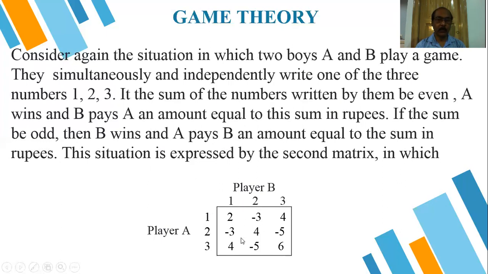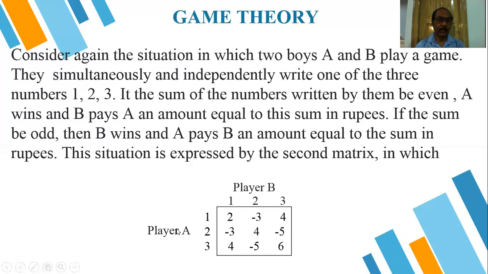Suppose, to explain this problem, player A chooses 2 and player B chooses 3. The sum is 5, which is odd. When the sum is odd, player A has to pay that sum in rupees to B. The sum is 5, so A has to pay B, and that's why it is a negative entry, minus 5.